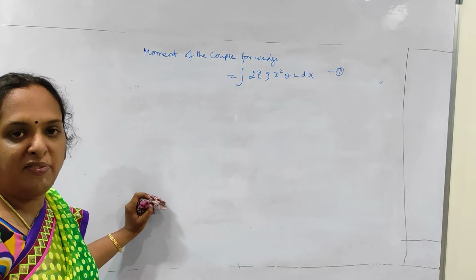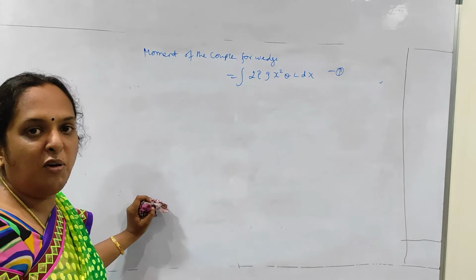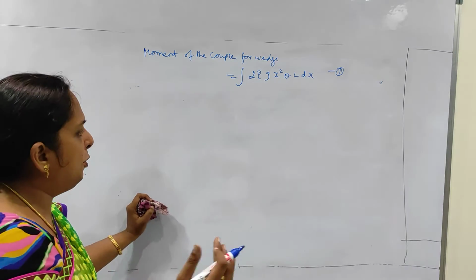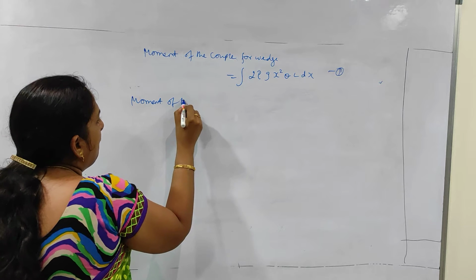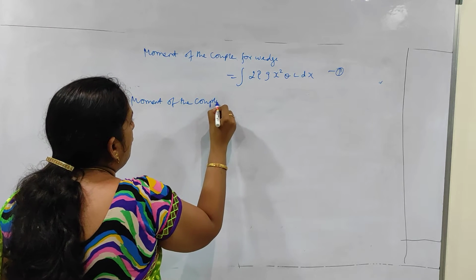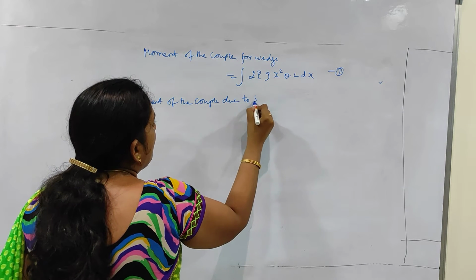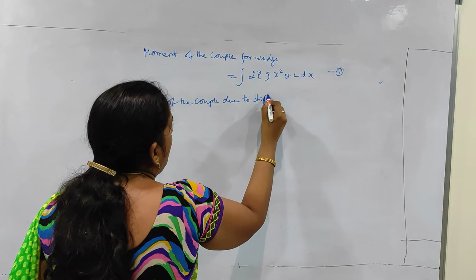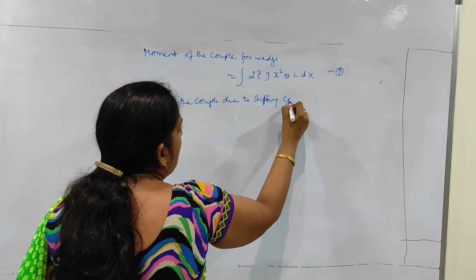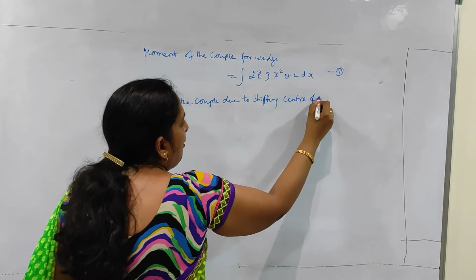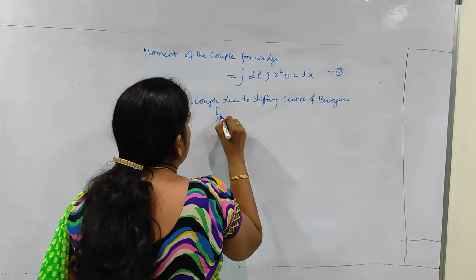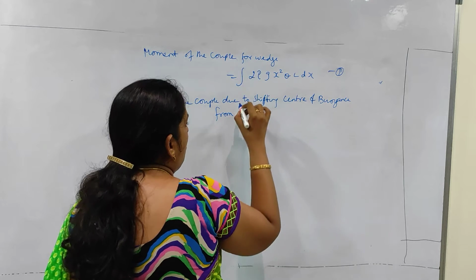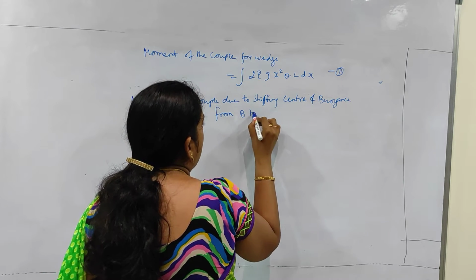Now what is the moment of the couple due to the shifting of the center of buoyancy from B to B1? The moment of the couple due to the shifting of the center of buoyancy from B to B1, because of the wedge formed, has to be equal to this.